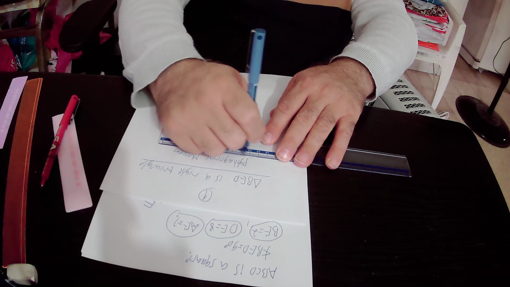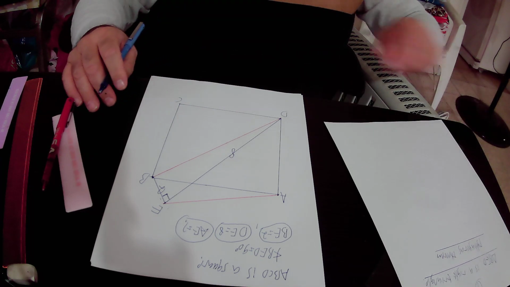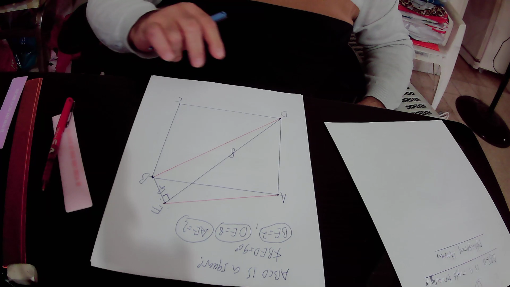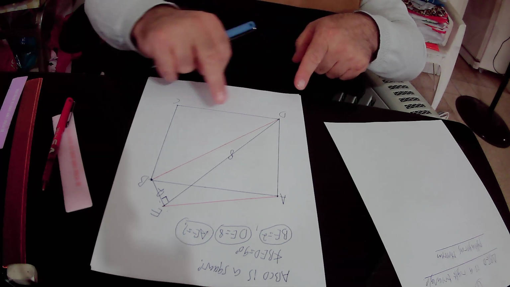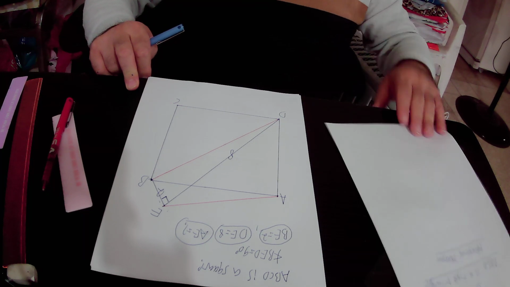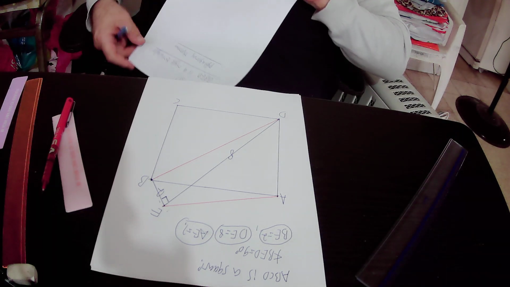According to the Pythagoras theorem, in any right triangle, the square of the hypotenuse equals the sum of the squares of the perpendiculars. In our right triangle, the hypotenuse is side BD, so the square of the hypotenuse is BD square.